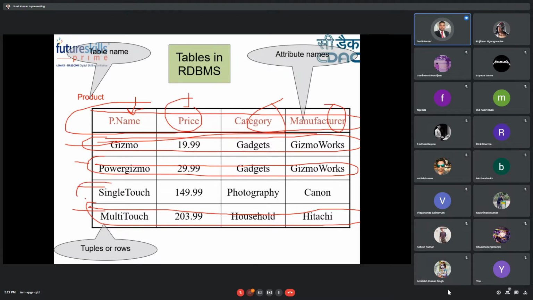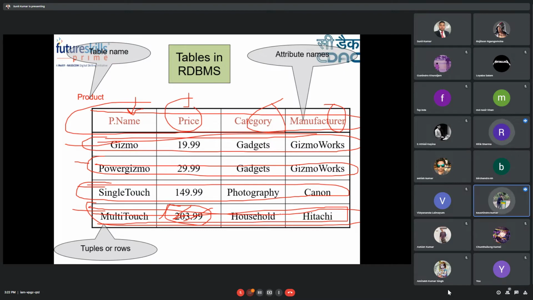Make sure a tuple is the whole row of the table, not an individual entity or cell. Sometimes some students get confused that only this area is a tuple. No, a tuple means the whole row in the particular table, or we can say it is a record. Understand? Yes, sir. Okay.